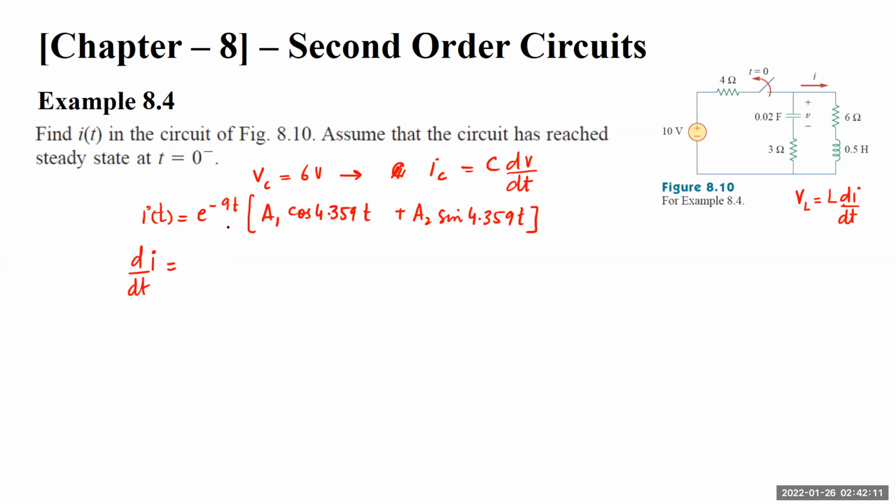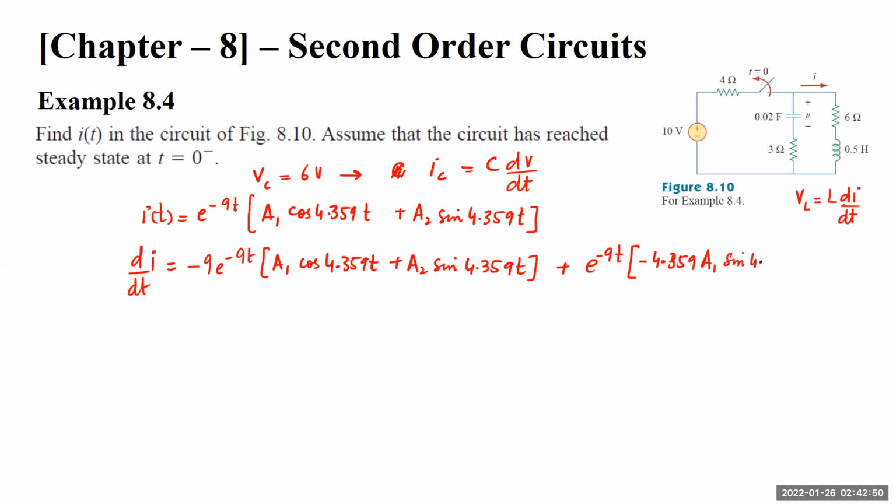If we differentiate it, we get minus 9 e raised to power minus 9t times A1 cos of 4.359t plus A2 sine of 4.359t, first term, plus second term: e raised to power minus 9t times minus 4.359 A1 sine of 4.359t plus 4.359 A2 cos of 4.359t.